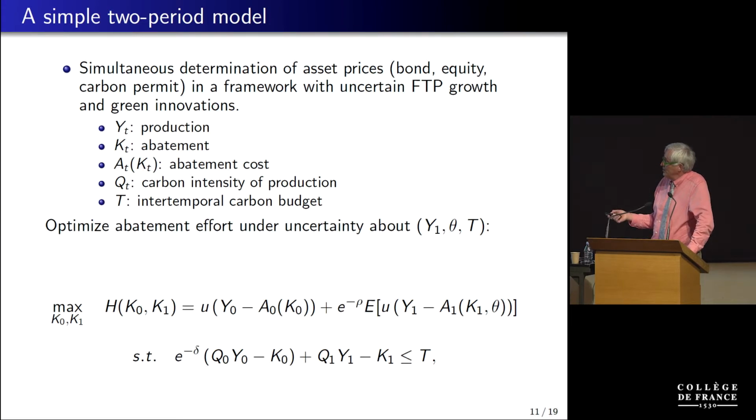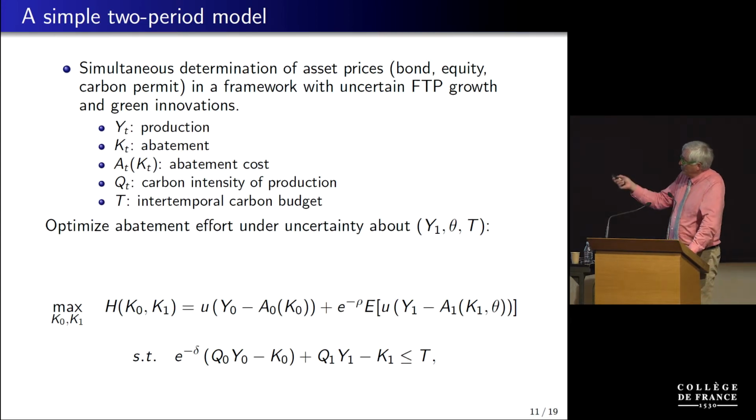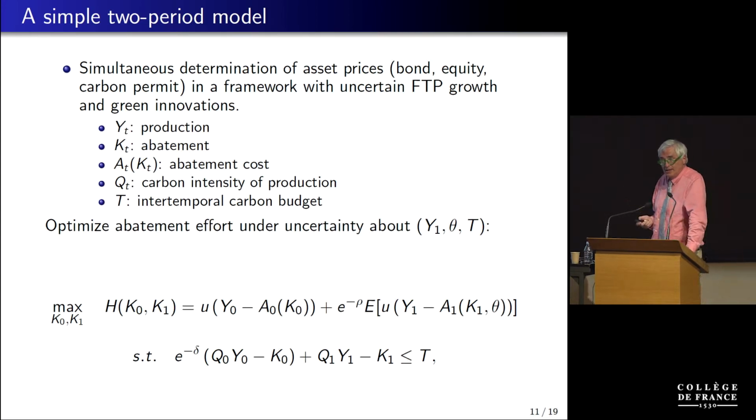So K0 is the abatement effort, and A of K0 is the cost of that effort. Of course, the function A is increasing and convex. Same thing for the second period. In the second period, you produce Y1, and from Y1, you must subtract the cost of abatement in order to determine the level of consumption.